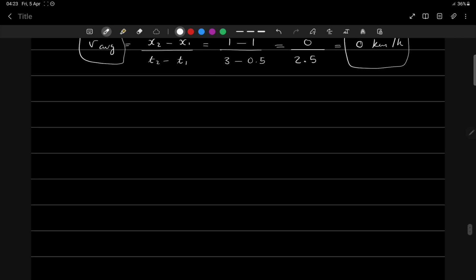Now here we have an example to finish with. We have a car that moves uphill. I'm just going to write the short version of the example.